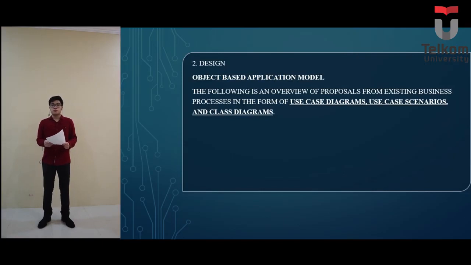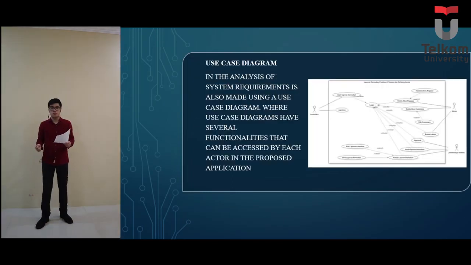For number 2, we get design, the object-based application model. The following is an overview of proposals from the existing business process in the form of use case diagrams, use case scenarios, and class diagrams.